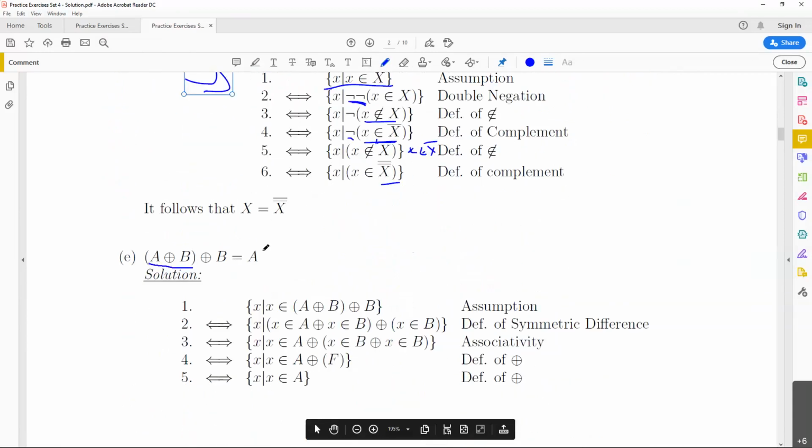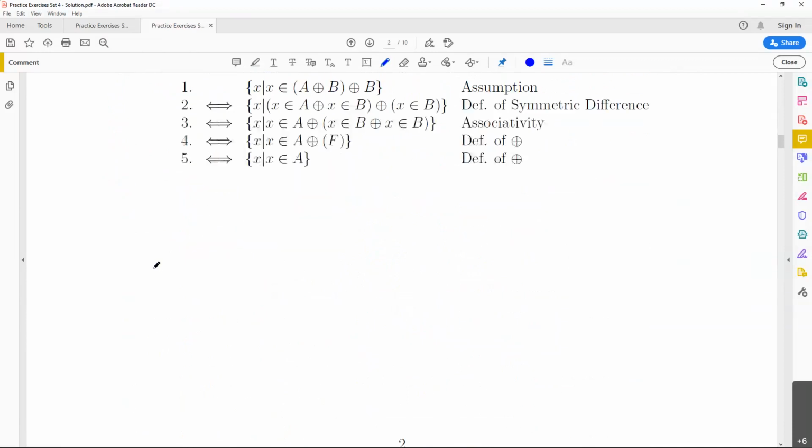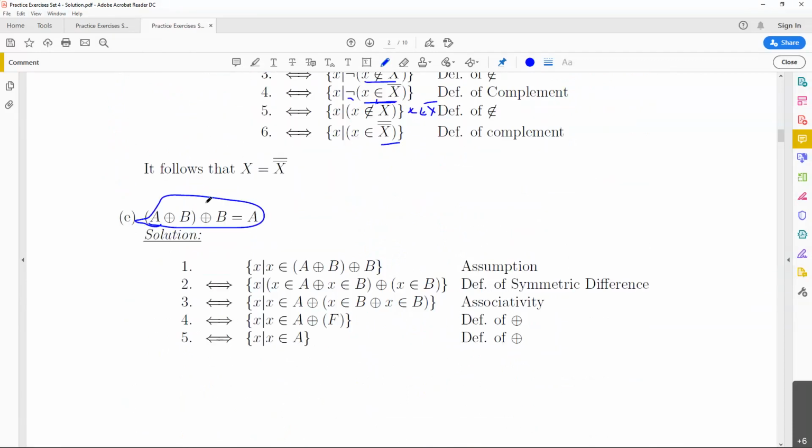Part E, using XOR, or symmetric difference, in other words. Well, if you didn't know already, symmetric difference is associative. So all you had to do here was just move the brackets. After moving the brackets, when you have X is in B, symmetric difference, or XOR, with X is in B, this is always going to be false.